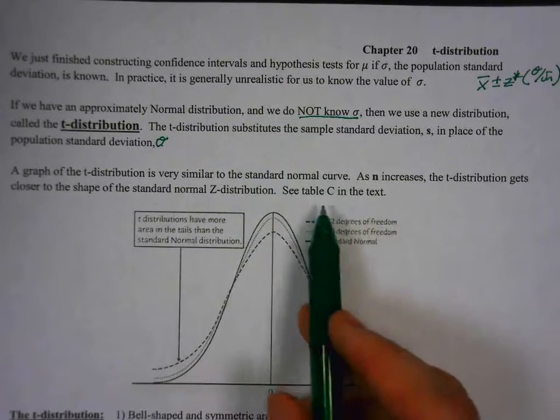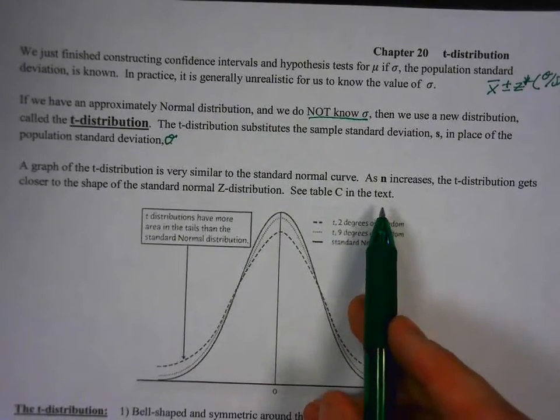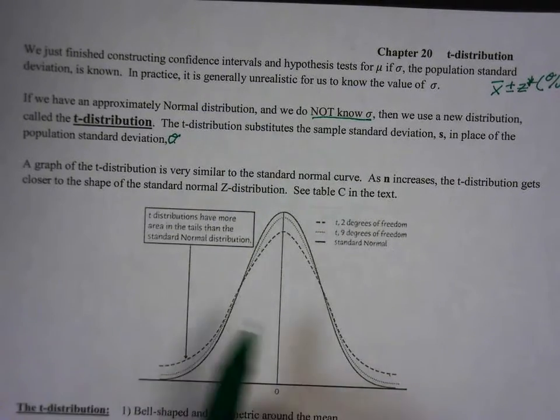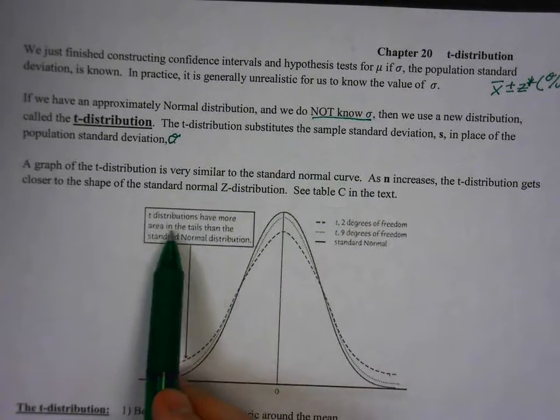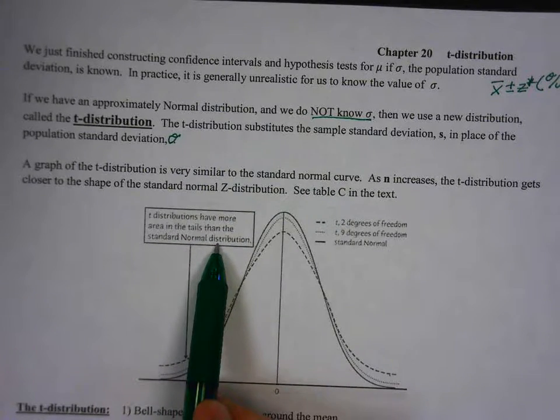There are tables in the back of the textbook that you can find the t-distribution in. As the sample size gets larger, the t-distribution gets closer and closer to the standard normal z-distribution. t-distributions have more area in the tails than the standard normal distribution.